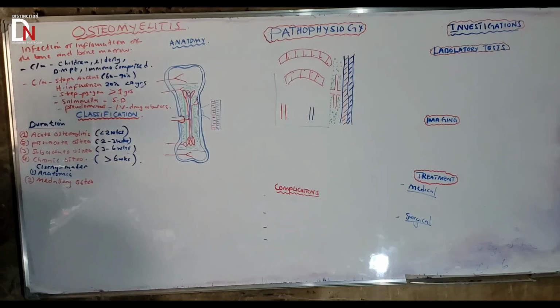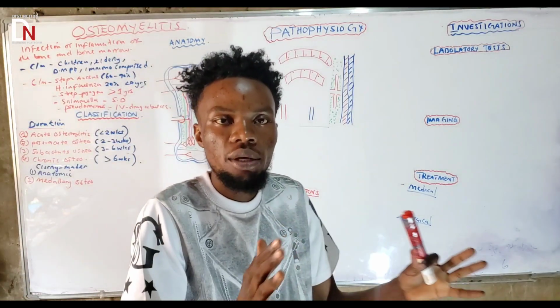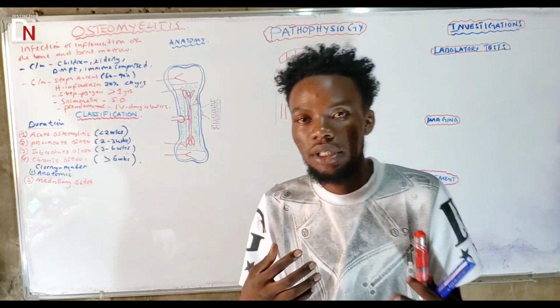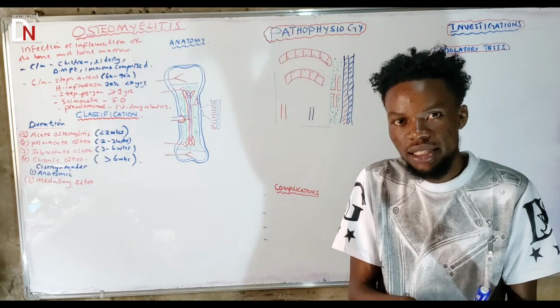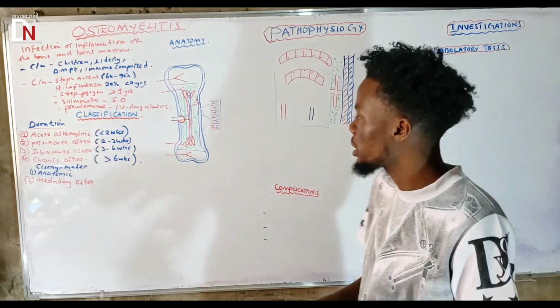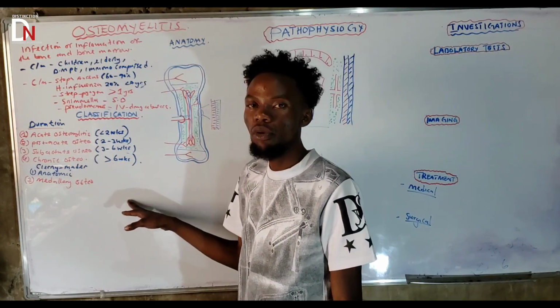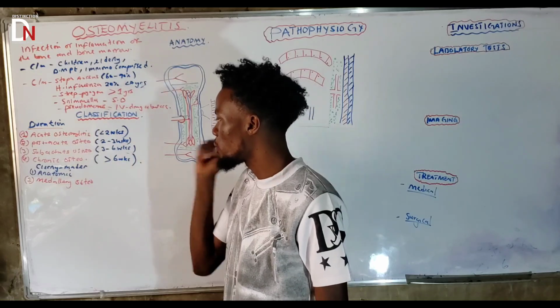Basically, medullary osteomyelitis is where the infection is just confined within the medullary cavity, or canal, and it will just affect the cancellous bone of the medullary cavity. Then it will be classified as medullary osteomyelitis under the anatomic classification.